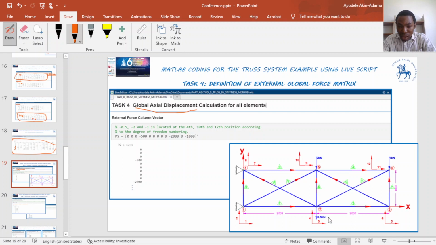And in this question, we have 3 forces. We have 0.5 kilonewton, we have 2 kilonewton, and we have 1 kilonewton. Our force vector will be a 12 by 1 matrix because there are 12 degrees of freedom. If there are 6 degrees of freedom, the force vector will be a 6 by 1 matrix.